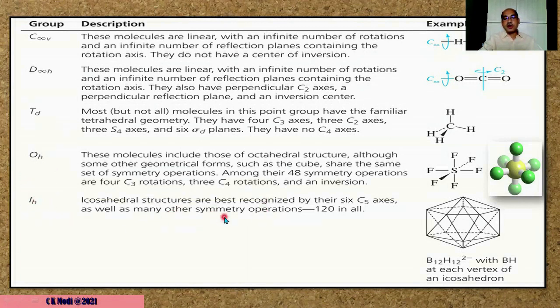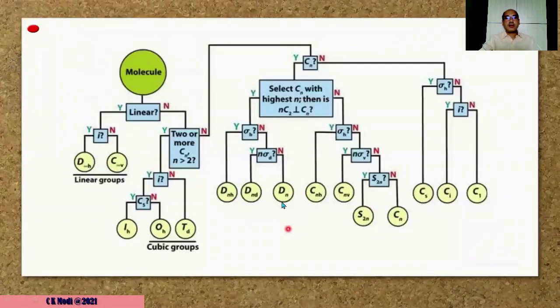Now icosahedral, there are total of how many individual operations? Total number of 120 individual operations are there. Therefore, they are polyhedral molecules like tetrahedral, octahedral, and icosahedral. So the term symbol or point group of this molecule tetrahedral is TD, for this molecule octahedral, and this is called icosahedral.